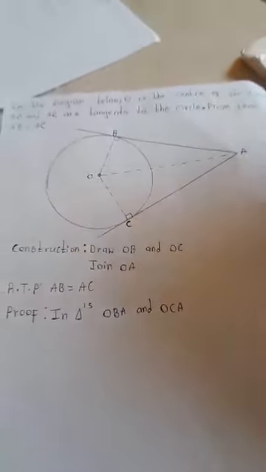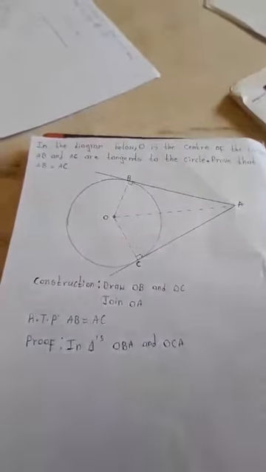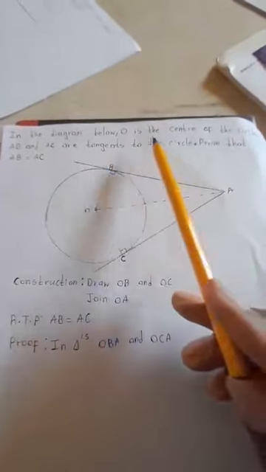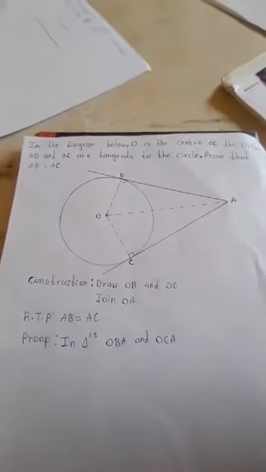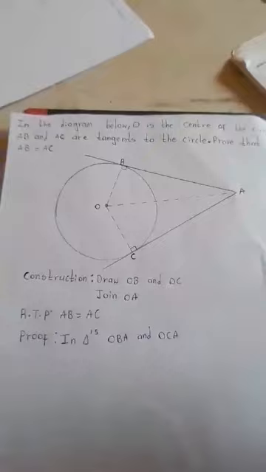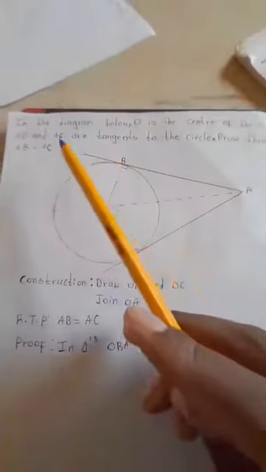And hey, did we even read the statement, or did we just jump to the proof? Because when I see these questions, I tend to skip the instructions, the information there. It says in the diagram below, O is the center. We always assume O is the center, but not always, so don't do that.